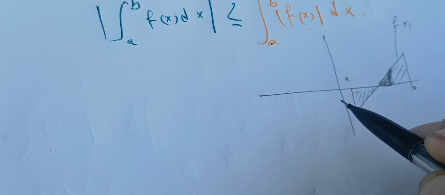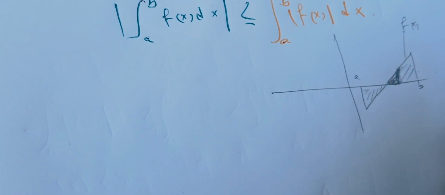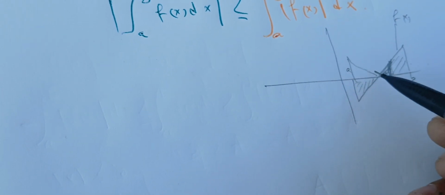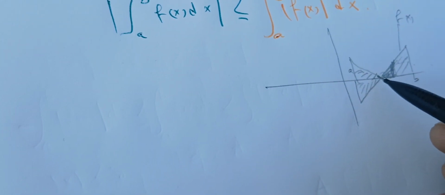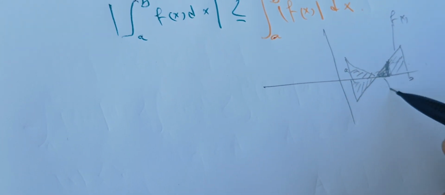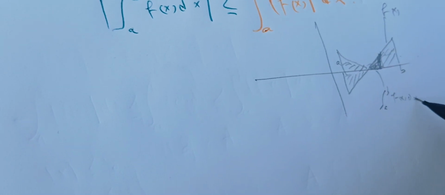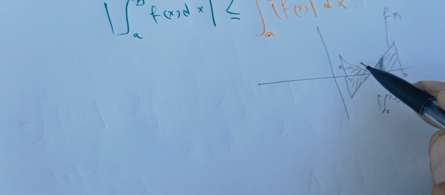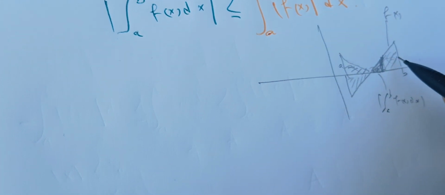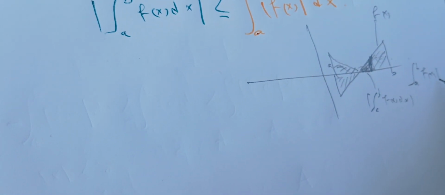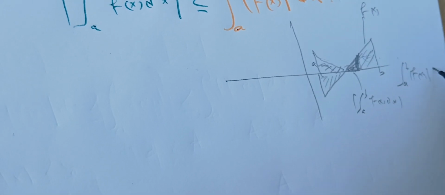But if I integrate the absolute value of f of x, I'm going to get this part plus this part. So this is the integral of f of x dx between a and b, and this one here is the integral of the absolute value of f of x dx.